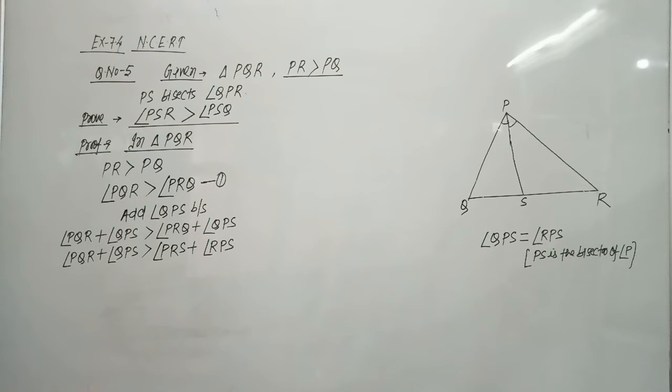So we get PQR plus QPS is greater than PRS plus RPS.